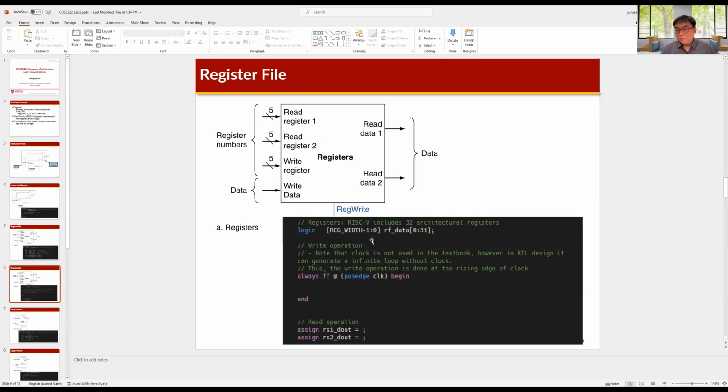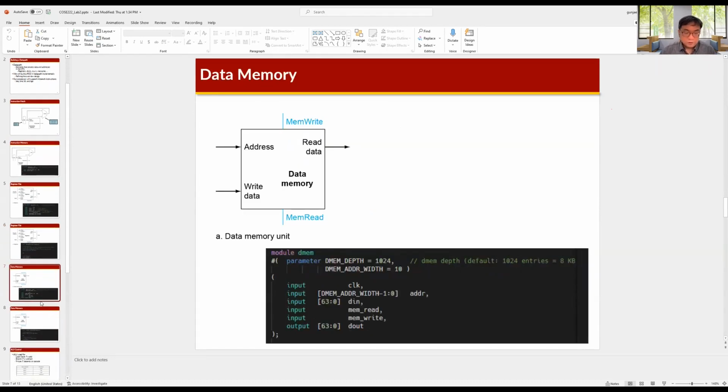So the updated value is updated again and again. This is why we require the clock signal for this register file, actually for the write operation. So please read this comment and try to understand why we need this clock signal input for the register file.